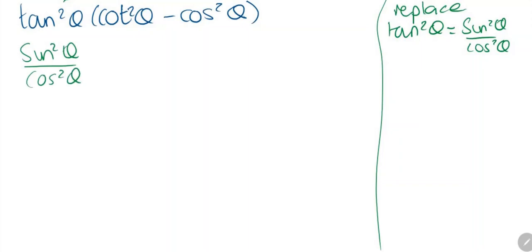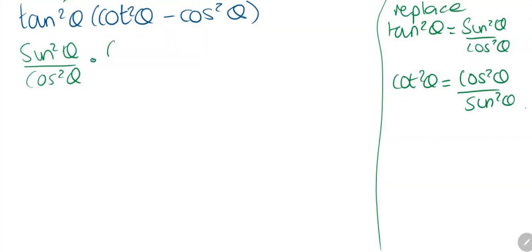And then cotangent, we're going to replace cotangent. This is the opposite of tan, so this is cos squared theta over sine squared theta. So I'm going to multiply this by cosine squared theta over sine squared theta.